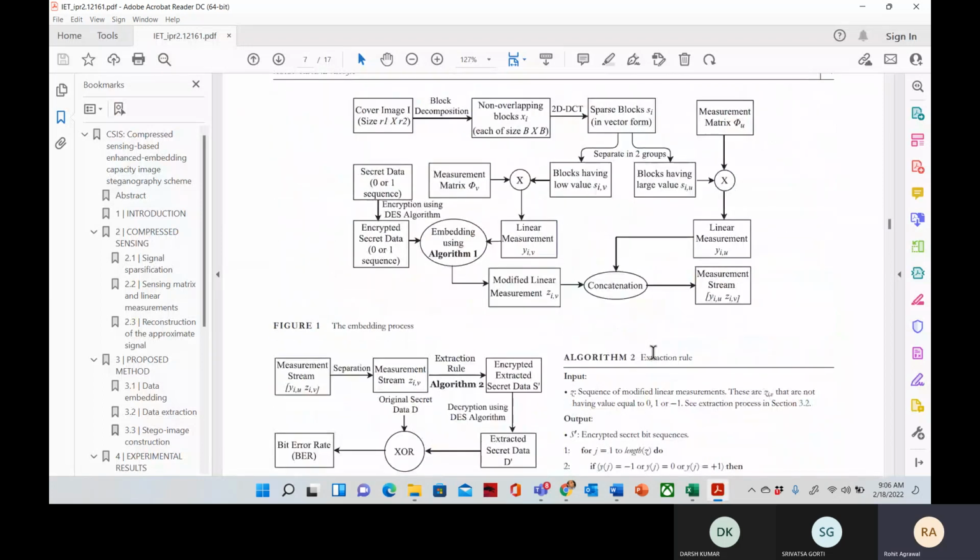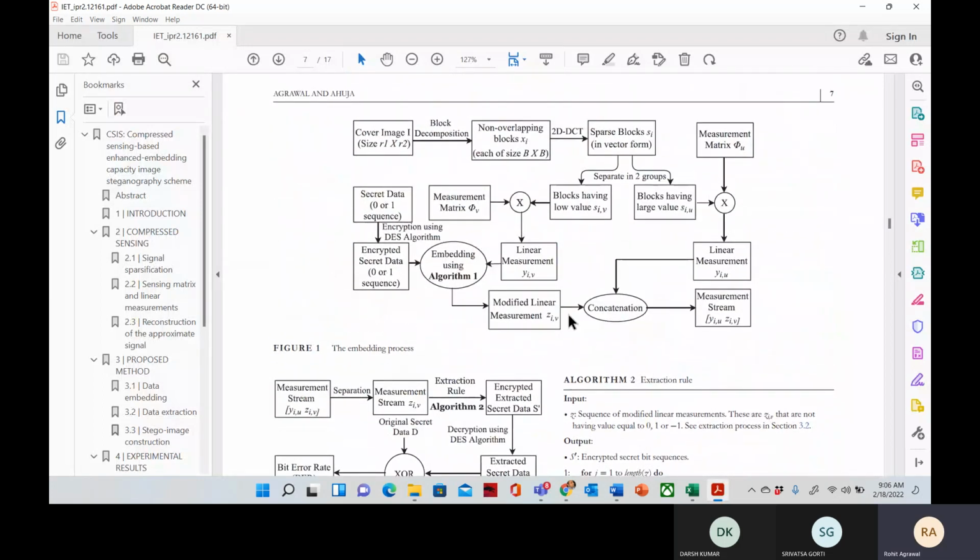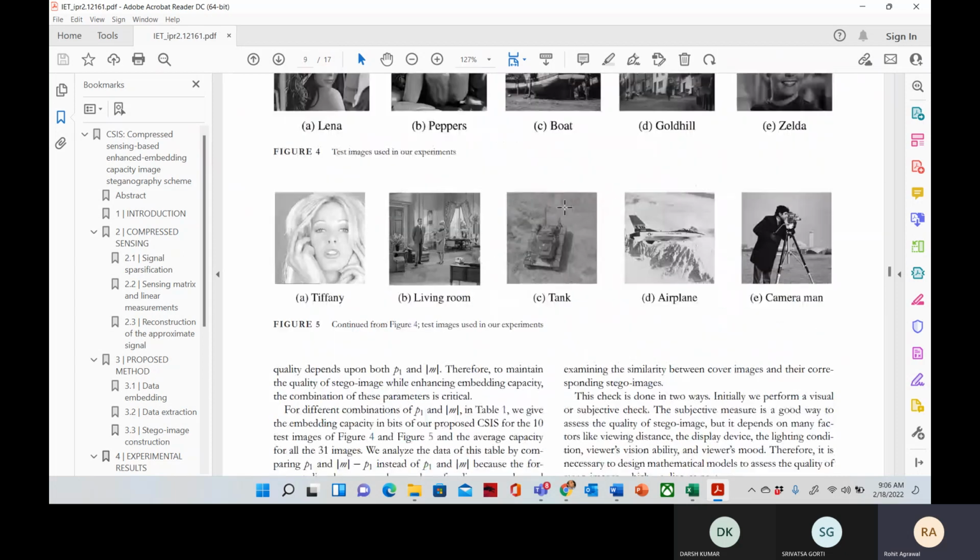See, I'm using some kind of image here, and I'm transforming this image into DCT coefficients. This is my image here.